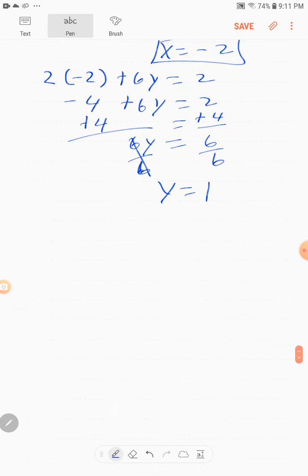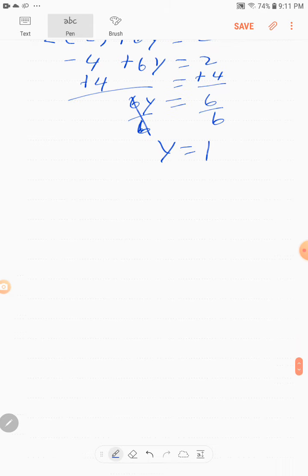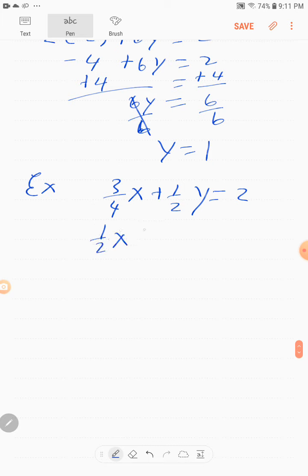The other way that we can have a system of equations is with fractions. So let's look at an example of that. So if we're given fractions, for example, 3 over 4x plus half y equal to 2, and half x plus 1 1/4 y equal to minus a half.